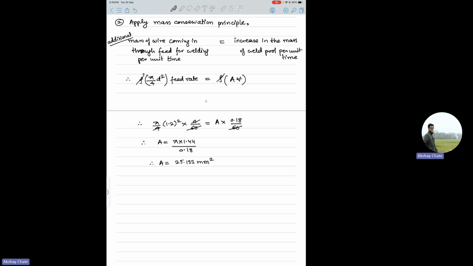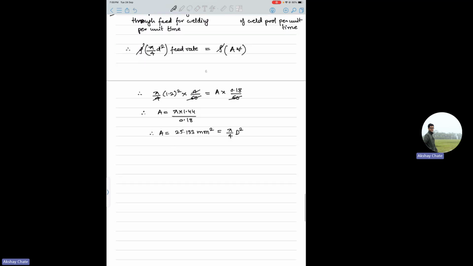Okay, and then one can calculate the diameter. You just equate it to pi by 4 capital D square, so you multiply by 4 divided by pi and then take the square root. So this capital D is 5.657 mm.